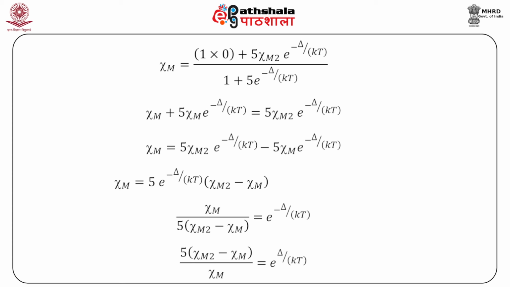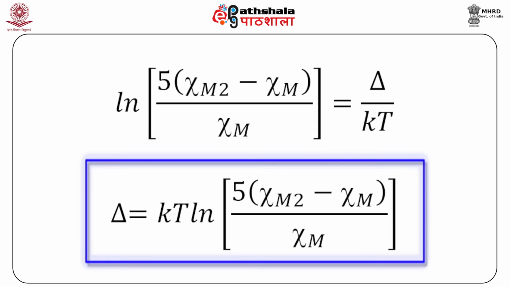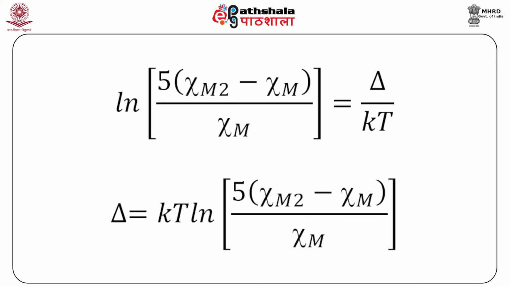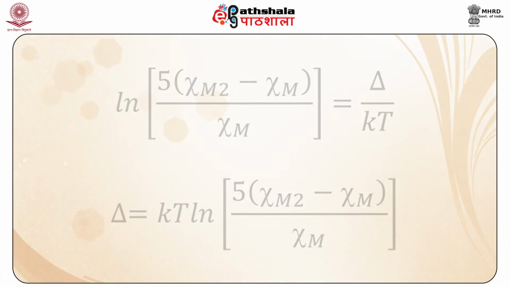For d6 configuration, S1 equals 0, S2 equals 2, chi m1 equals 0. So we can put these values. The equation reduces to delta equals kT ln 5 chi m2 minus chi m divided by chi m. The delta values of the complex at various temperatures obtained vary as much as 400%.